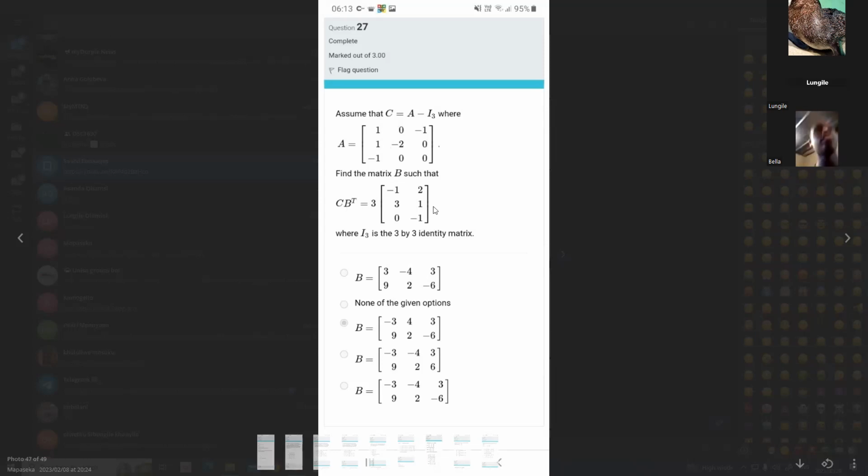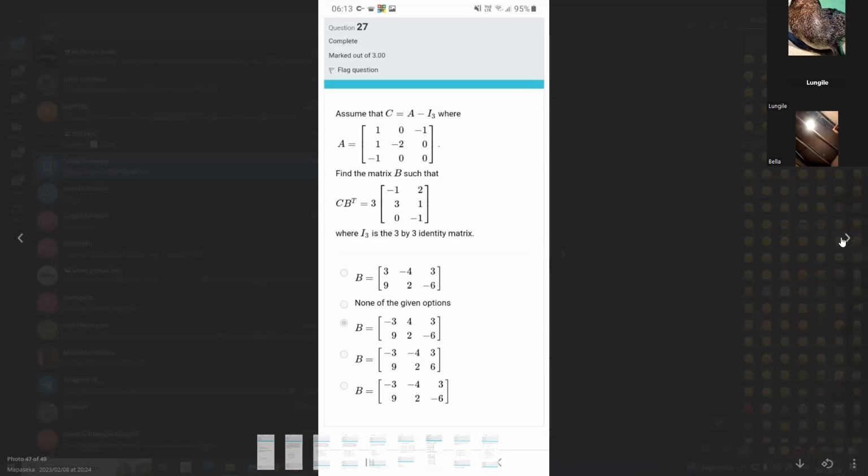But the next step is to make sure you multiply correctly on the other side. Imagine if you had taken this C minus and put it somewhere here. It's going to make it wrong. So basically, they're testing two things here. You know how to multiply matrices and you know how to remove this C.